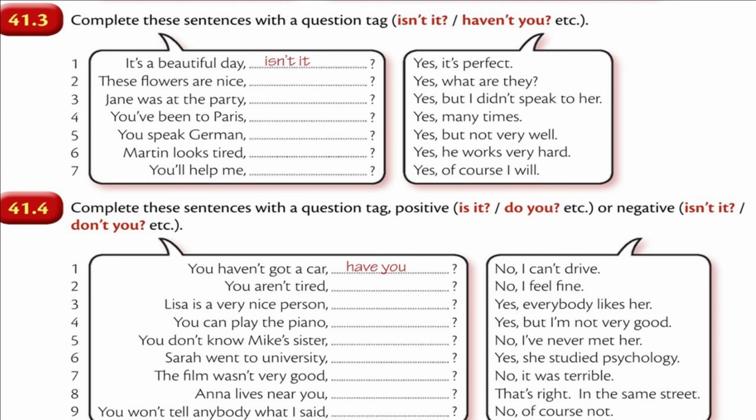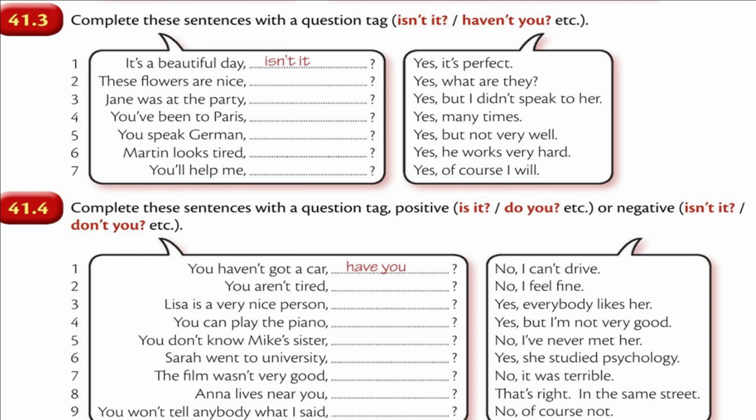Number 5. You don't know Mike's sister, do you? No, I have never met her. Number 6. Sarah went to university, didn't she? Yes, she studied psychology. Number 7.